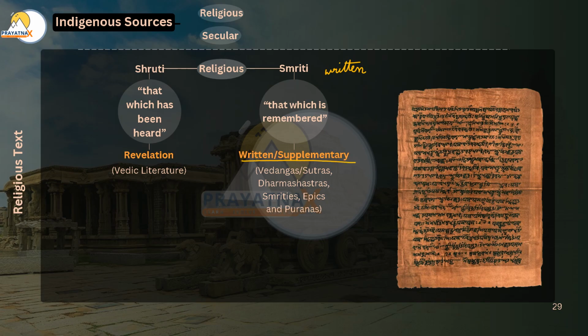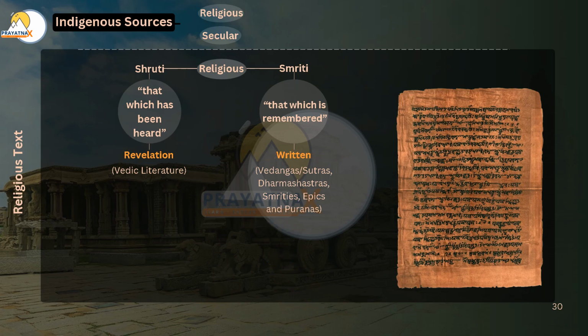Now, it includes teaching on religion, which includes what we call as Itihas, the Puranas, the Tantras, Agamas, and the Smrities. Now, we'll look at this later. Let's move on to Shruti.